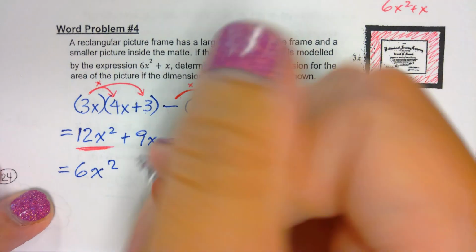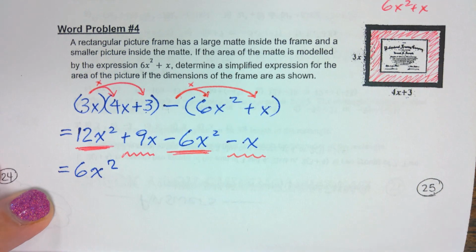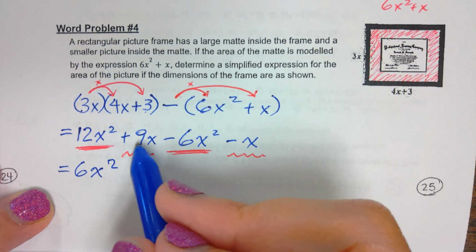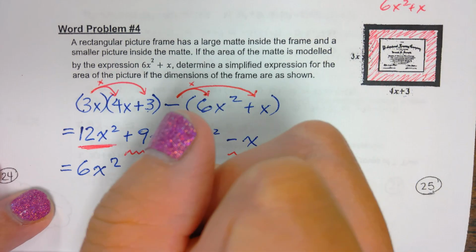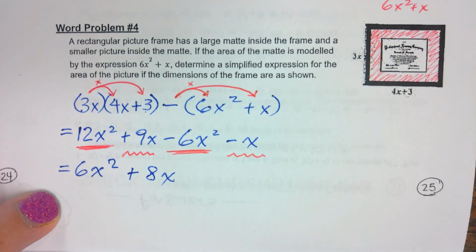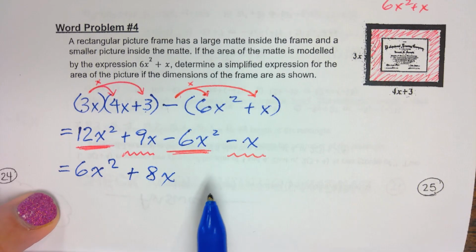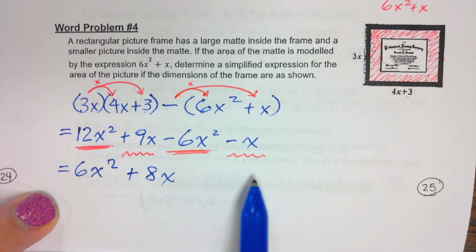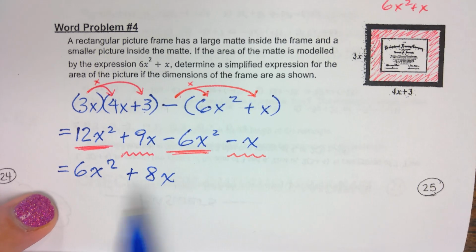And then plus 9x minus x. So it's like a minus 1x. So 9 minus 1 is, yeah, good job. So plus 8x. How many of you got that? Excellent. Do I have units here? No. Okay, because they never gave you units in the question. If they said x is 5 meters or x is 10 millimeters and so forth, then you can solve.